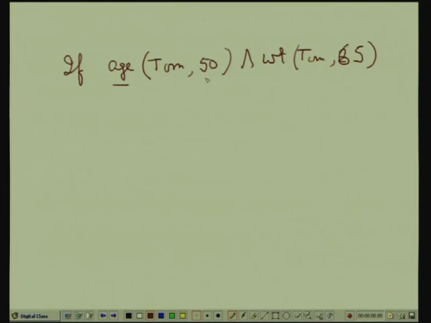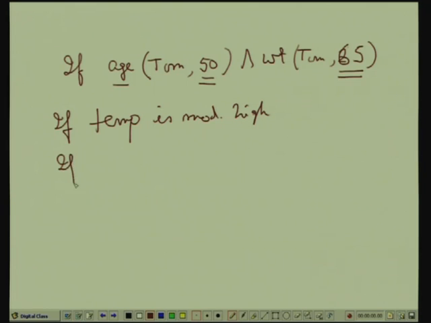Here you see everything was precise, but here we are using if temperature is moderately high. That means what? If I write in this way, if temperature is something like moderately high.